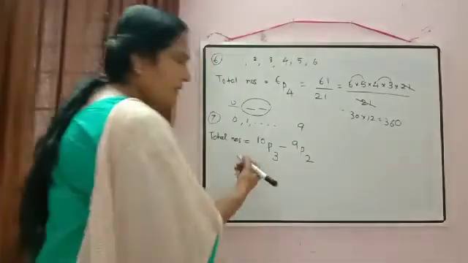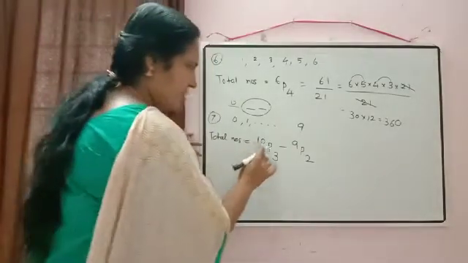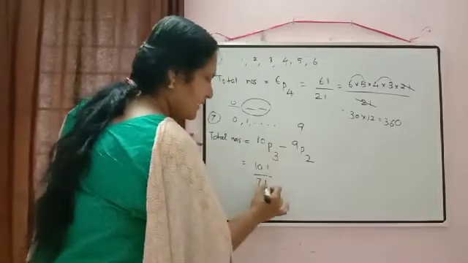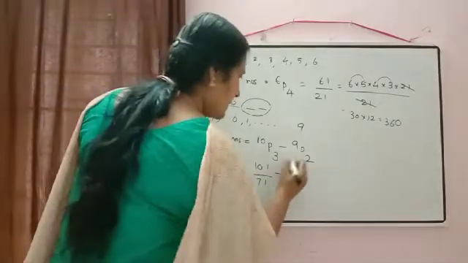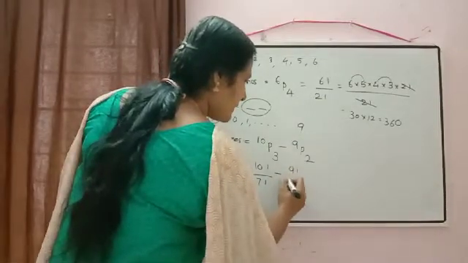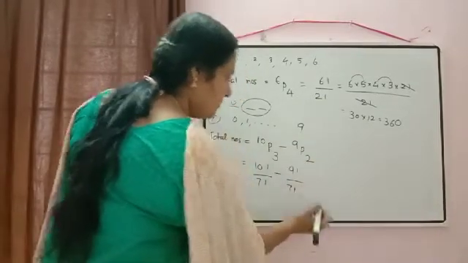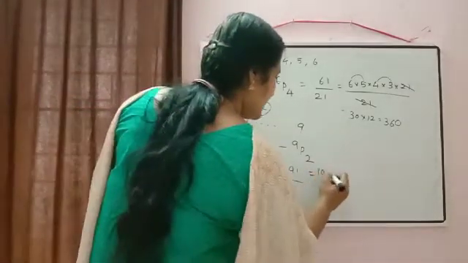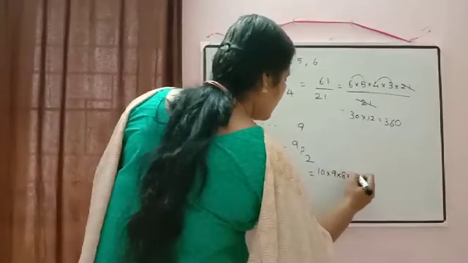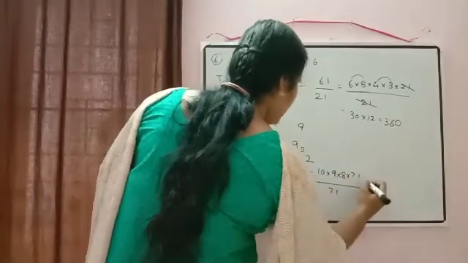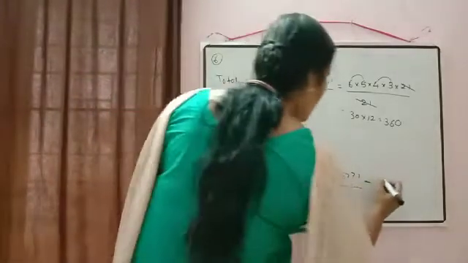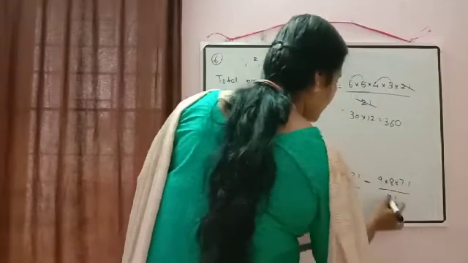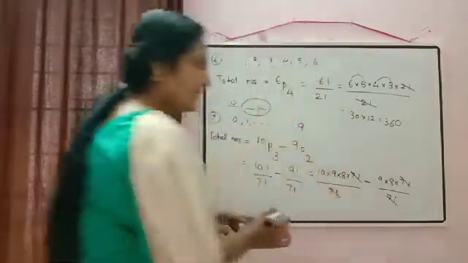Okay, now we have to do the simplification. 10p3 is 10 factorial by 10 minus 3, that will be equal to 7 factorial, minus 9p2 will be equal to 9 factorial by 9 minus 2, 7 factorial. 10 factorial can be written as 10 into 9 into 8 into 7 factorial by 7 factorial, minus 9 factorial can be written as 9 into 8 into 7 factorial by 7 factorial. 7 factorial will get cancelled there.